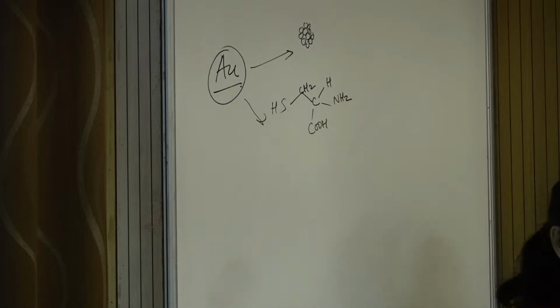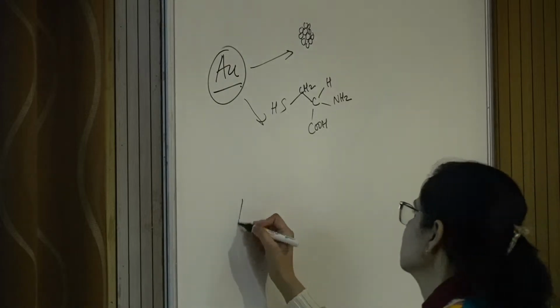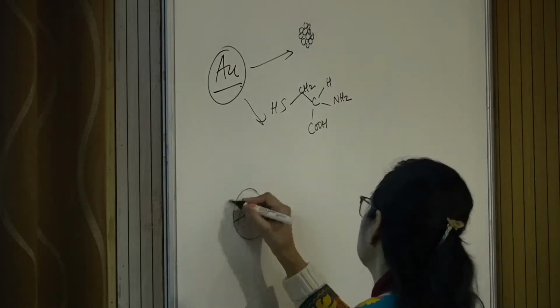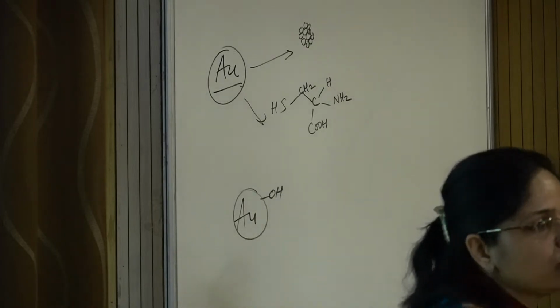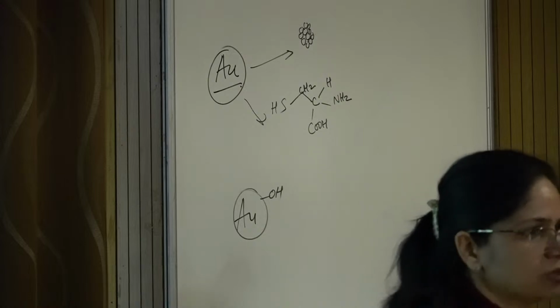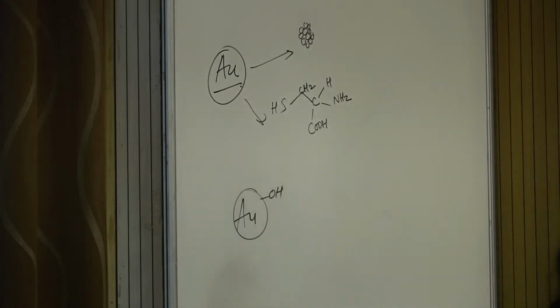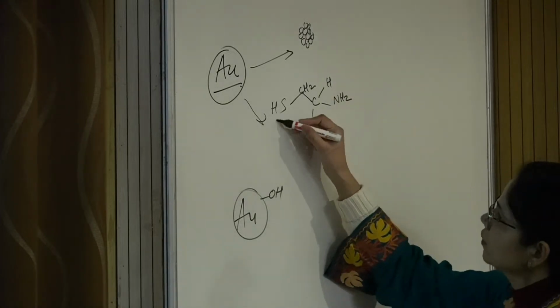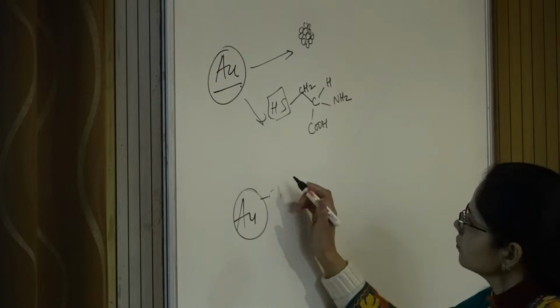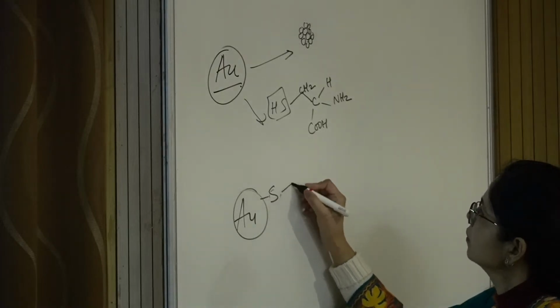If this is capped on the gold surface, and if we are using water as a solvent, then we have surface hydroxyl groups. Sometimes when we run the IR of the material, you will get the peak of the OH group also. So now this OH group is there, so this can give you surface functionalization.